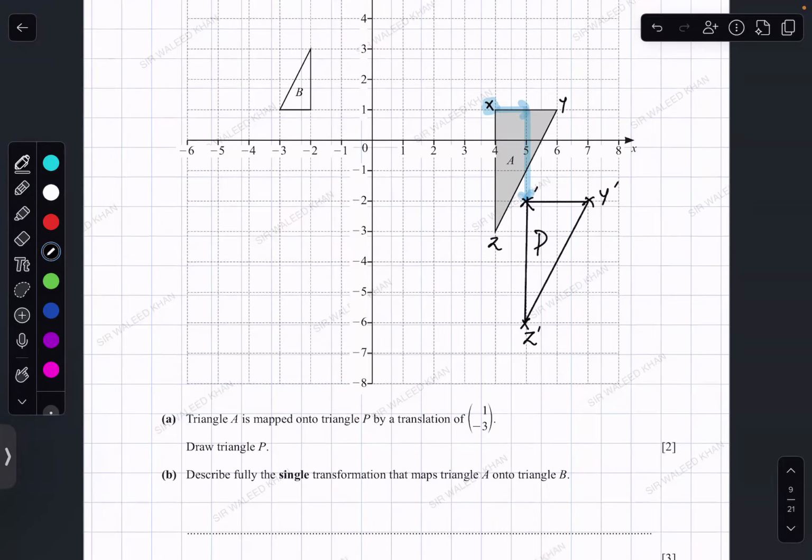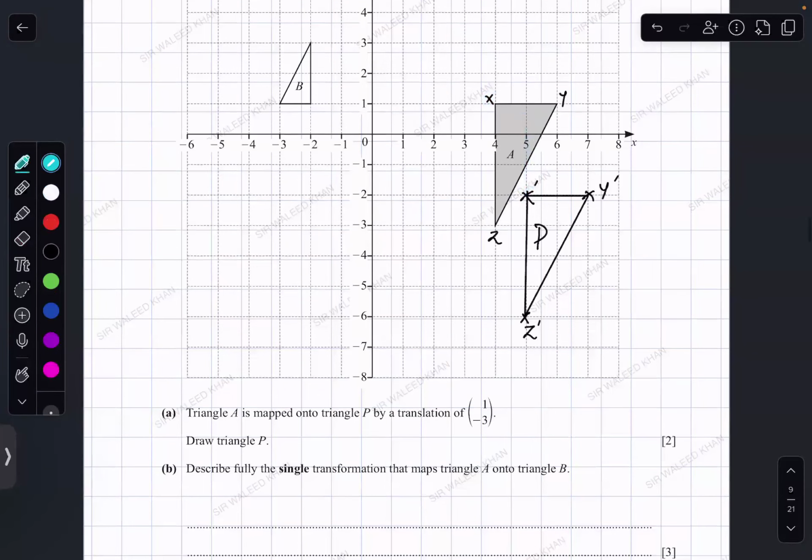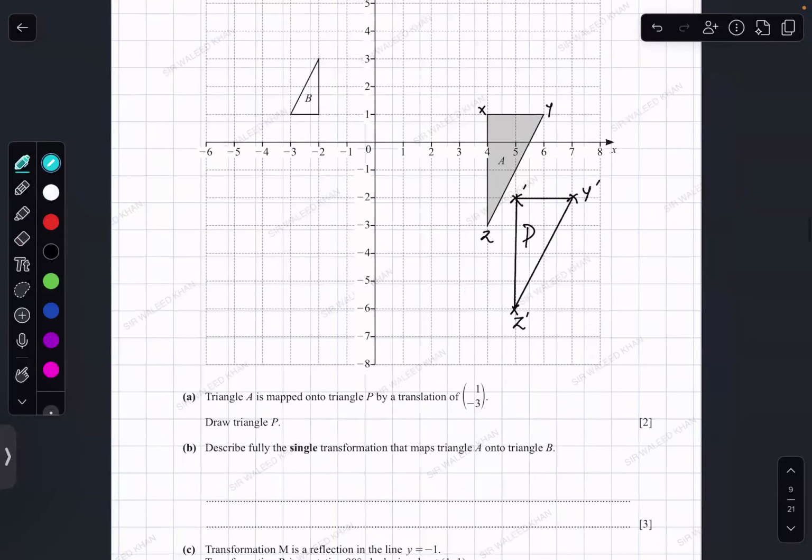Describe fully the single transformation that maps triangle A onto triangle B. So for this one, we can clearly see that the size of the shape has changed. The size of the object has changed. And which one is the object and which one is the image, so that you don't mess up the scale factor.